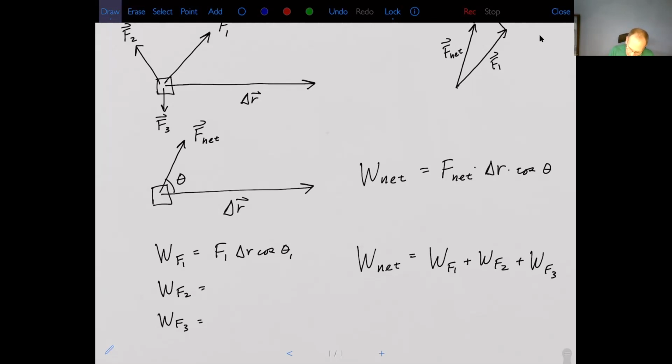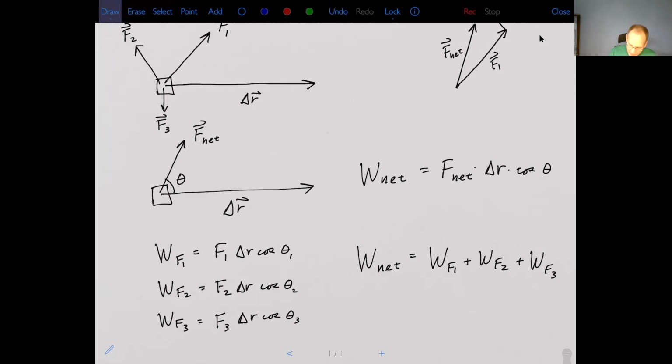Okay, so each of these, I didn't write this out, but this, of course, is just going to be F2 times delta R times cosine of the angle, but now the angle is the angle between F2 and delta R, right? And then F3 delta R cosine, I'll call it theta 3.